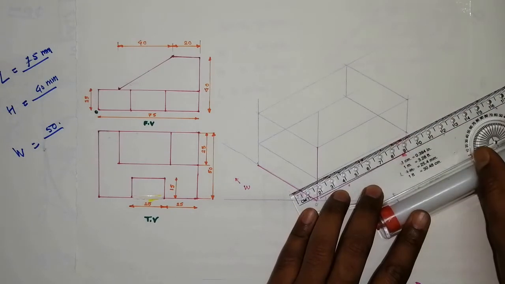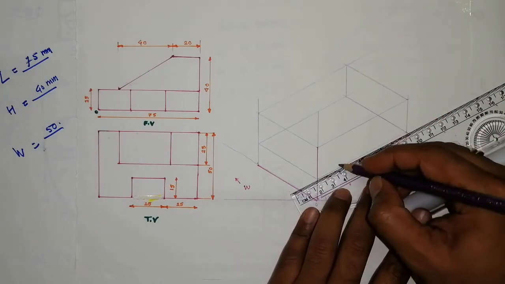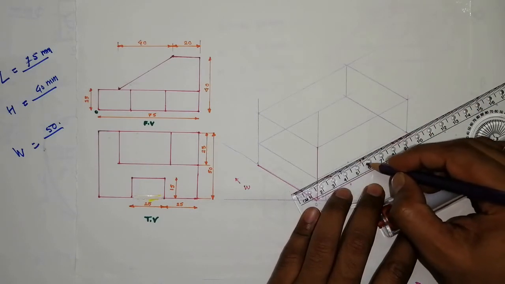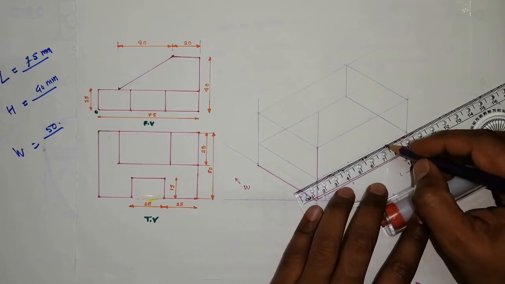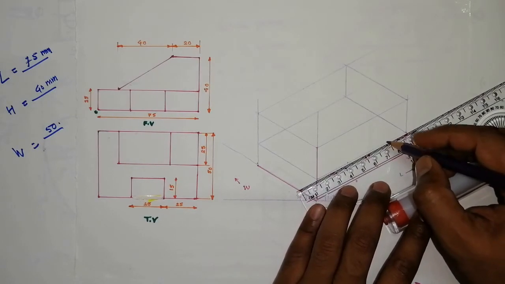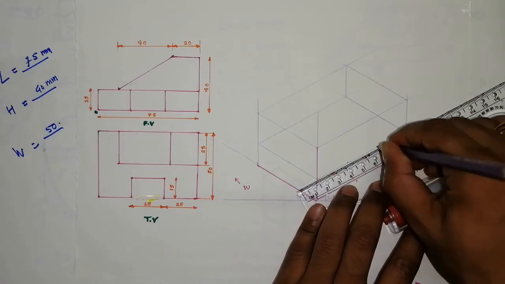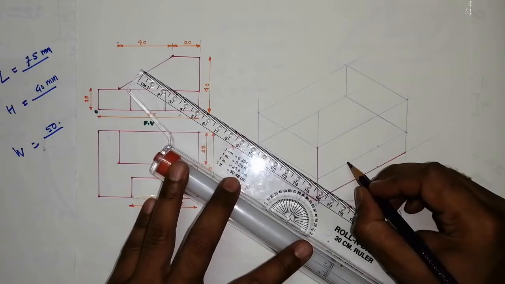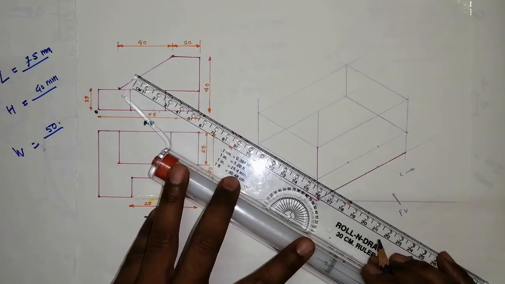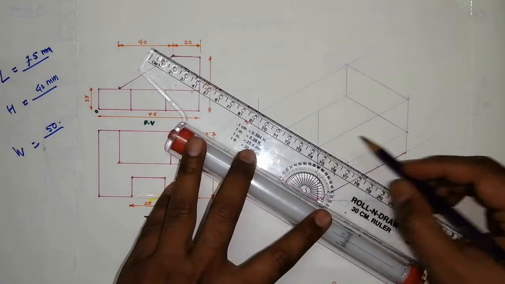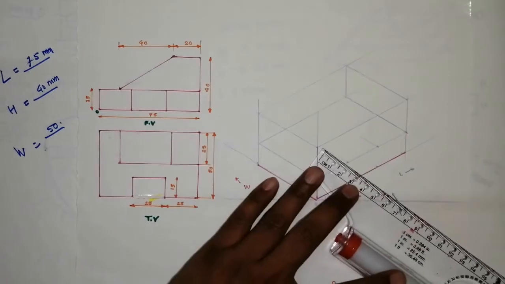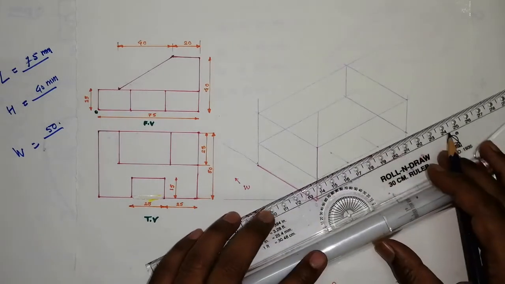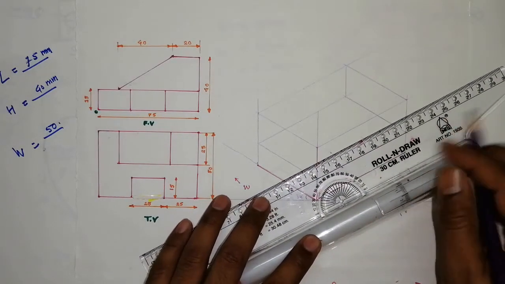This dimension is 25, and here again we take 25. The width is equal to 15, so from this intersection take 15 inside. Then complete this rectangle of 25 by 15.